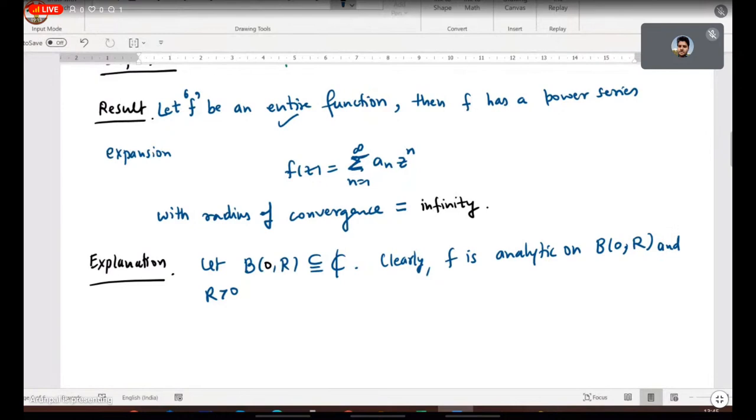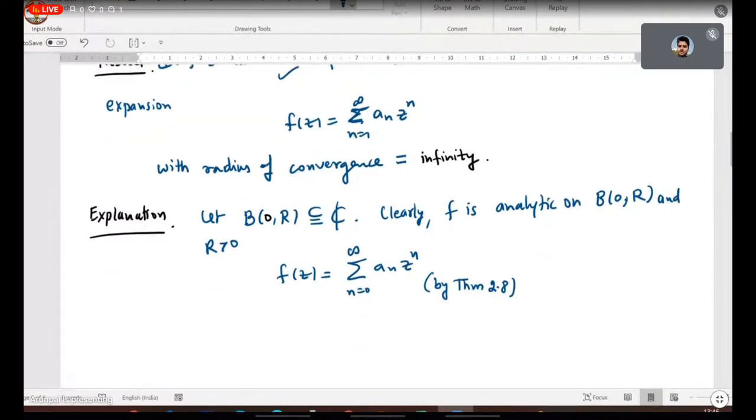And class, we can write f(z) is equal to summation a_n z to the power n, n going from 0 to infinity. I hope you are getting that we will be getting this from that very important theorem, theorem 2.8. By theorem 2.8, which tells us about the existence of power series expansion for an analytic function, right, class?